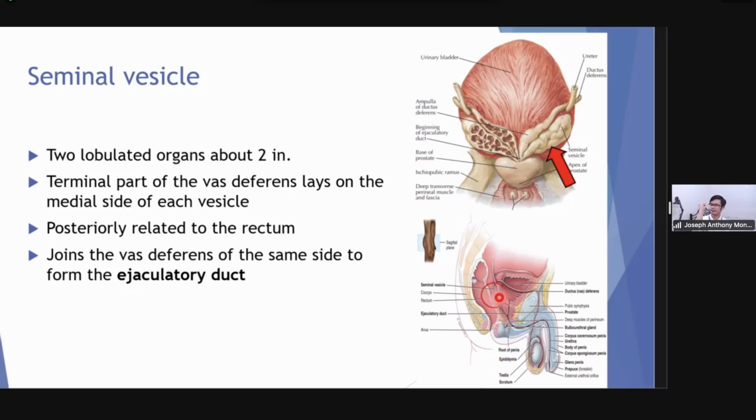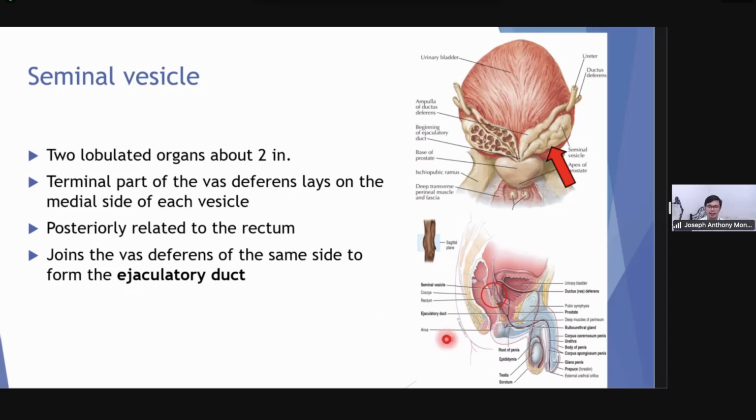It's lateral, and medial is the vas deferens. As you can see here, the ejaculatory duct pierces the prostate. Later on, in the coronal view, we'll show the close relationship of the openings of the ejaculatory duct to the prostatic ventricle.